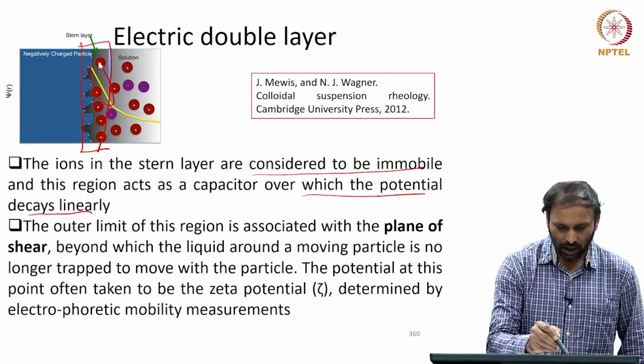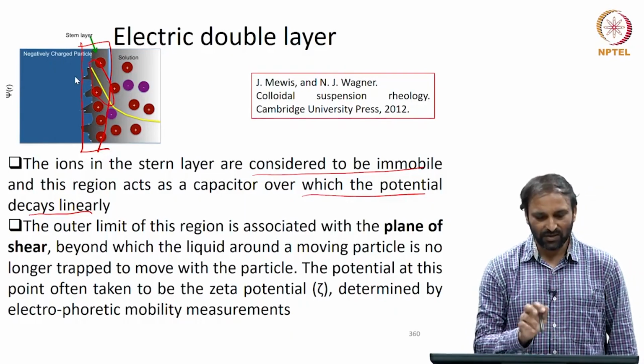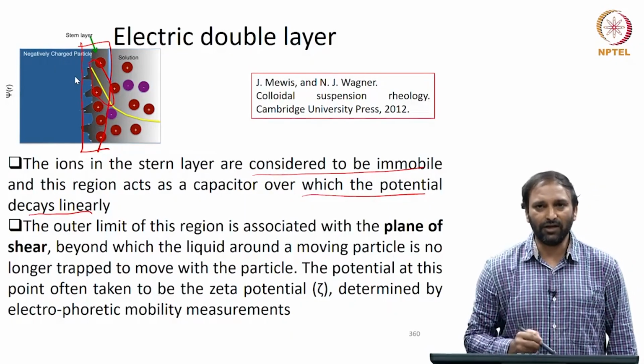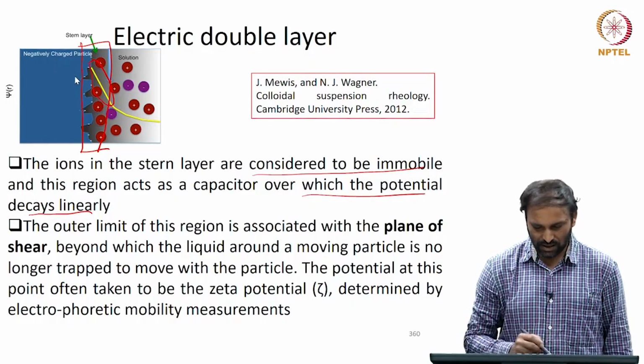If you look at how this yellow line varies in this Stern layer region, there is a linear fall of potential with separation distance.